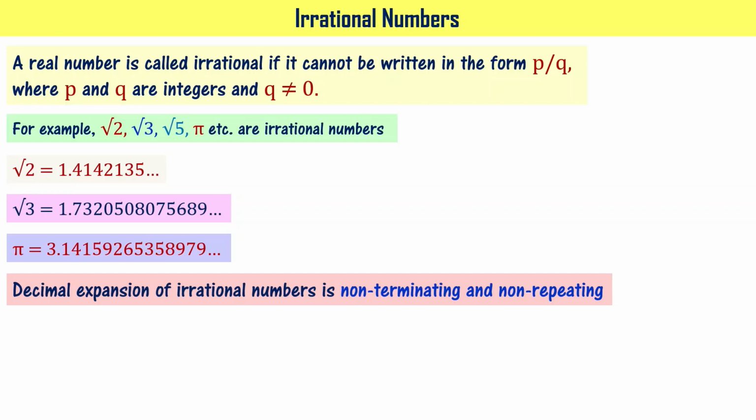It means you don't find a repeating set of digits even after writing 1,000 digits, maybe 10,000 digits, million digits. It is not going to end like that. That is the whole idea of irrational.